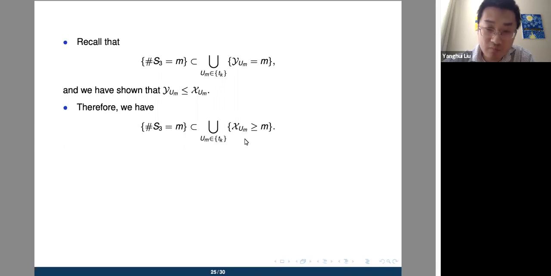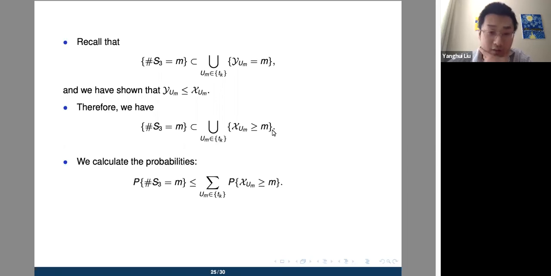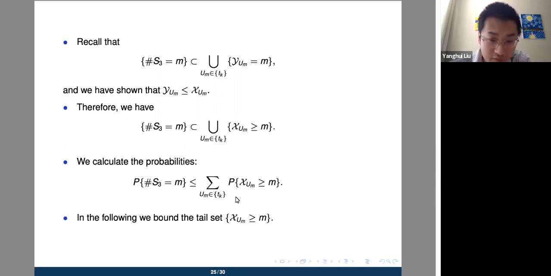This is an event for a functional in the second chaos. This is what we got after we take the probability. Now let us focus on the tail estimate for this second chaos functional X.